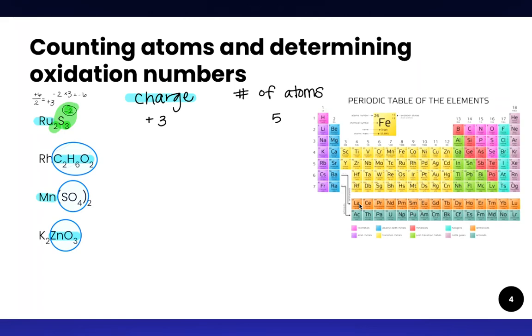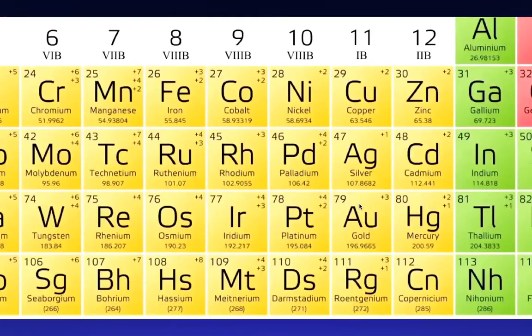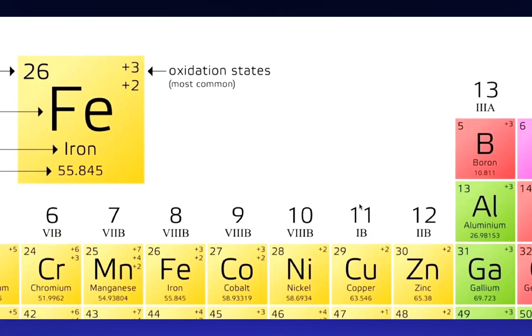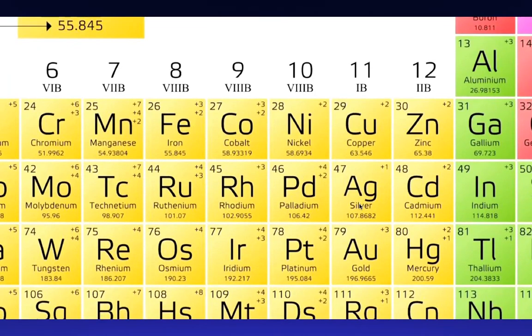But if you zoom into this periodic table, you'll see that it actually gives common oxidation numbers right here. And rhodium, luckily, only has 1 that it makes, and it's positive 3.